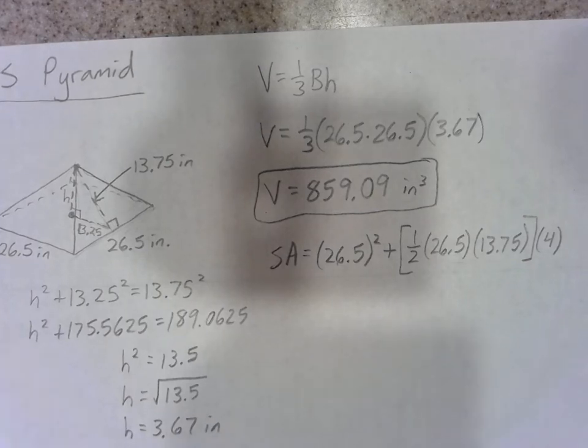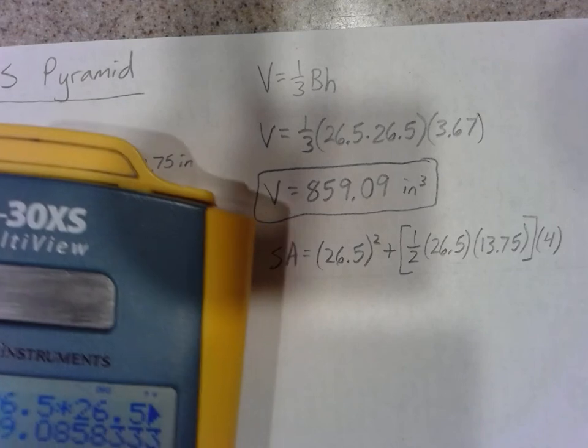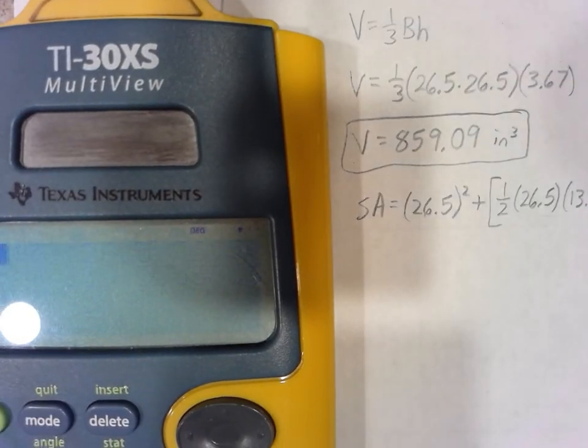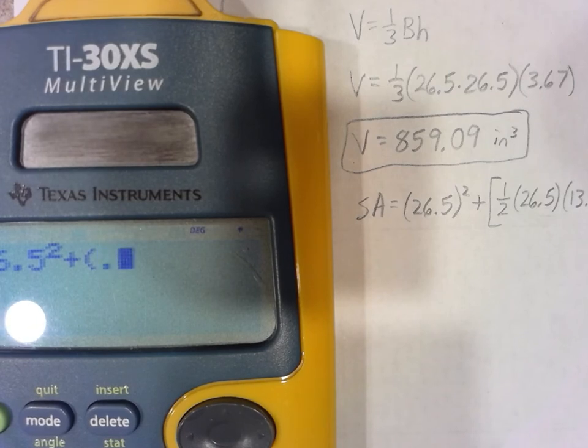Alright, so I go to the calculator, and I'm going to type in 26.5 squared plus, now the area of the triangle is 1/2 or 0.5 times 26.5 times 13.75. That's the triangle, and I've got 4 of those.